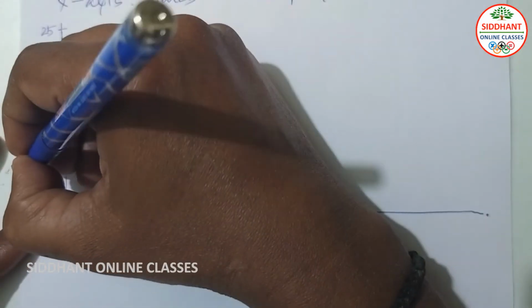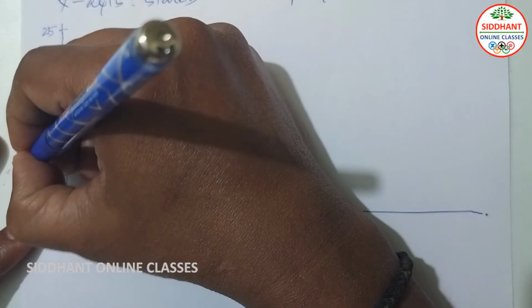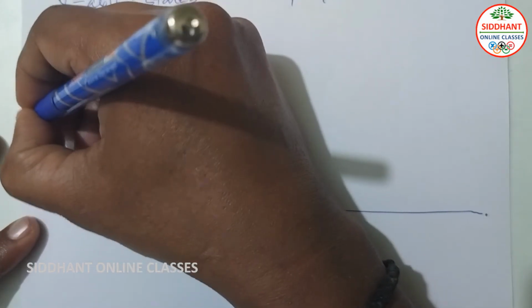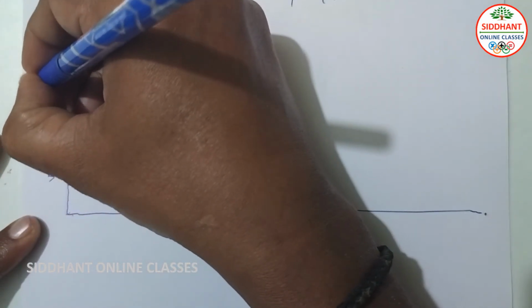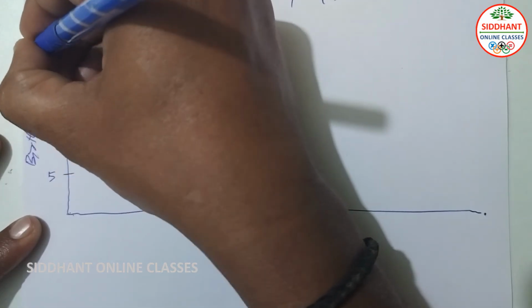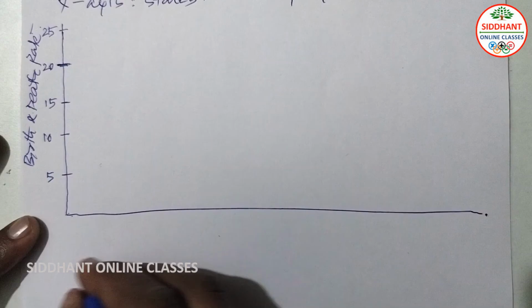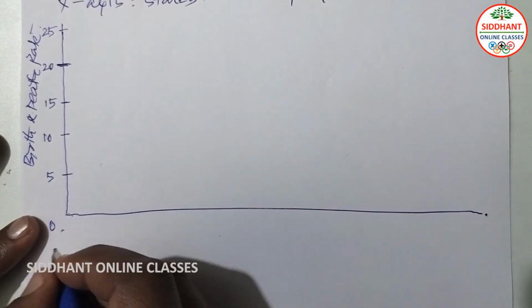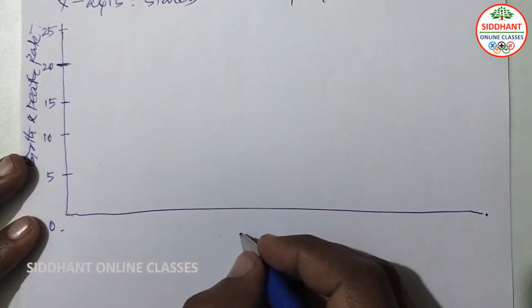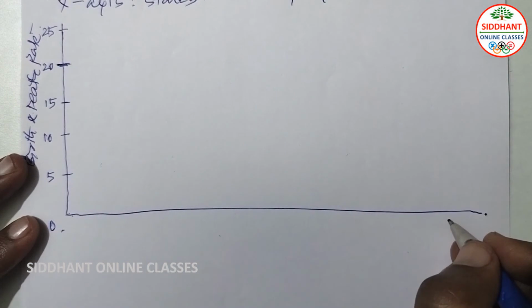And this we are going to write as birth and death rate. We are going to keep it as 0 here, and on the x-axis we are going to keep states here.